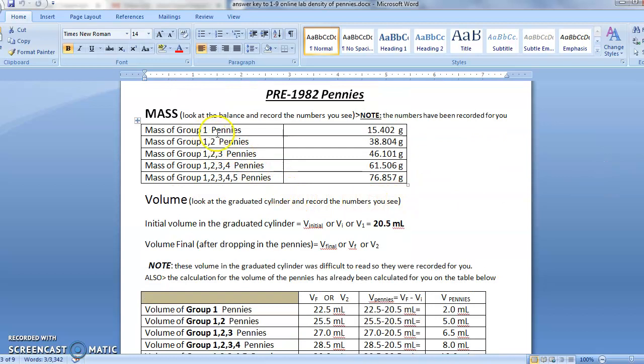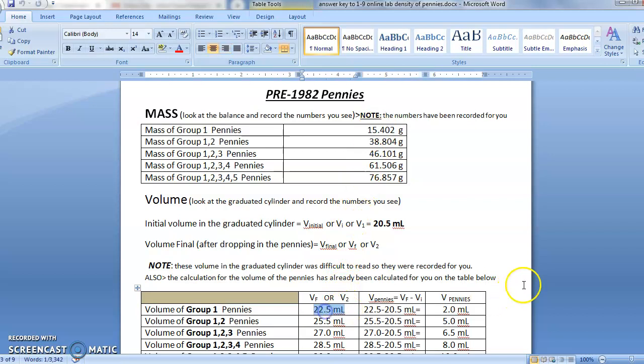First, they started with a collection of pennies called Group 1. He put several pennies on the balance. He called those Group 1. These are pre-1982 pennies, and the mass was 15.402. Then he dropped those pennies in a graduated cylinder.